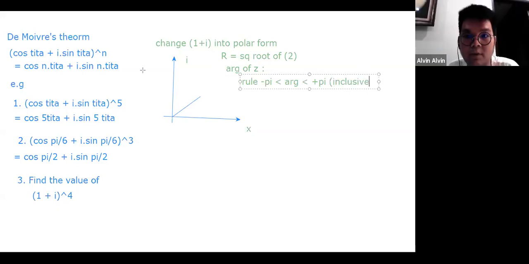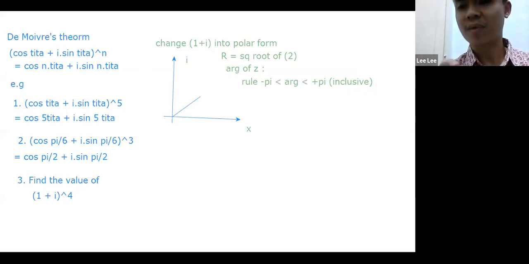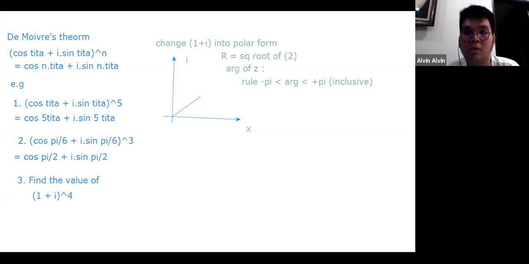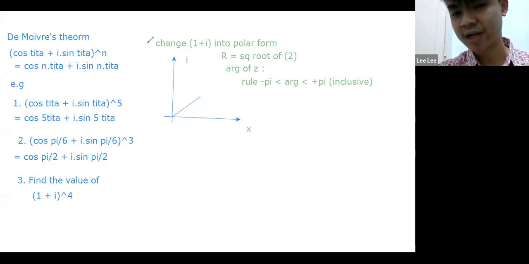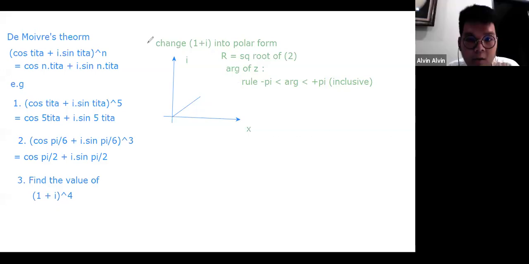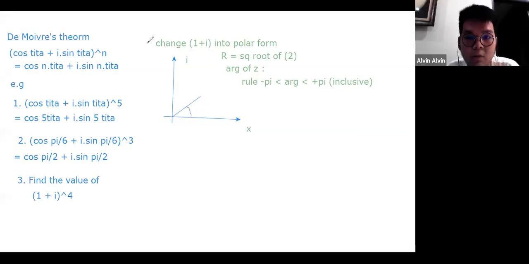You can hit pi, but you cannot hit negative pi. There is no reason to go clockwise, because going clockwise would take you beyond negative pi. So you go counterclockwise and take that as the angle.